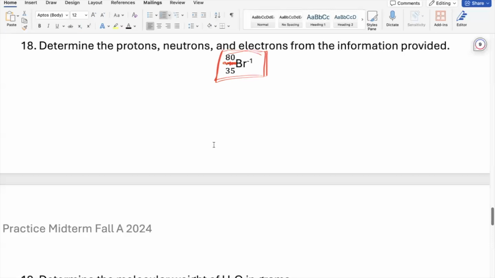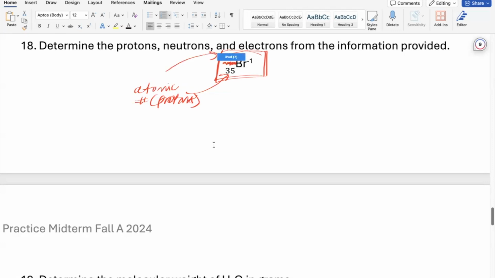All right, so how a nuclear symbol works is you have the element, and that would be the symbol there. Here is the atomic number, which is also equal to the protons. Those are the same. This would be the number you'd find on the periodic table next to bromine.